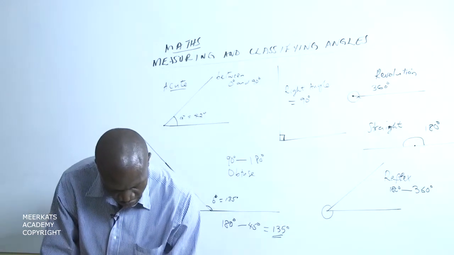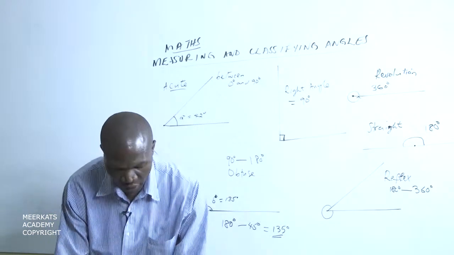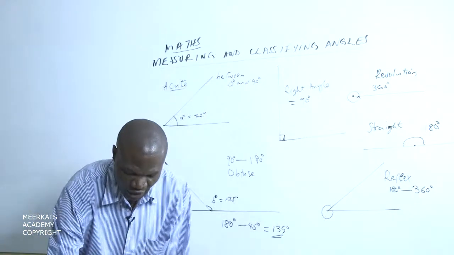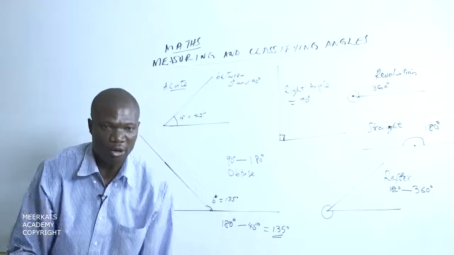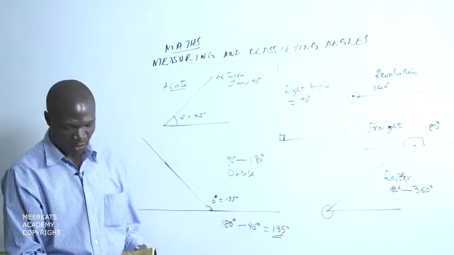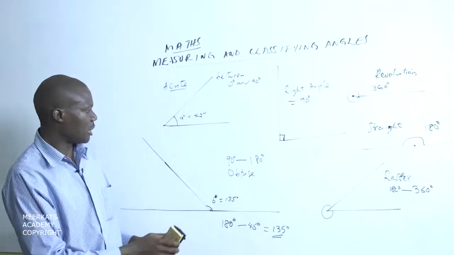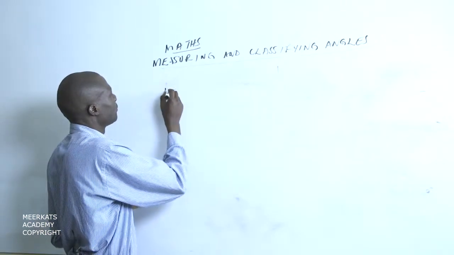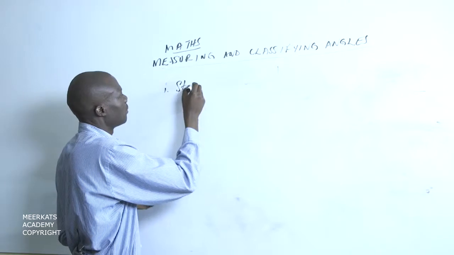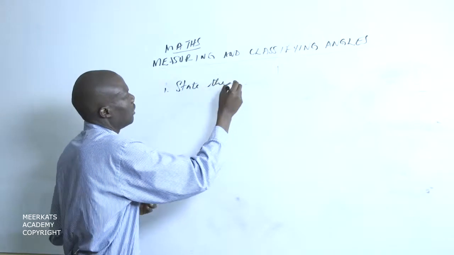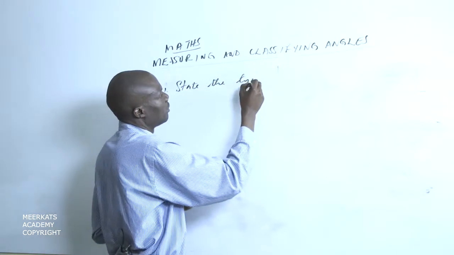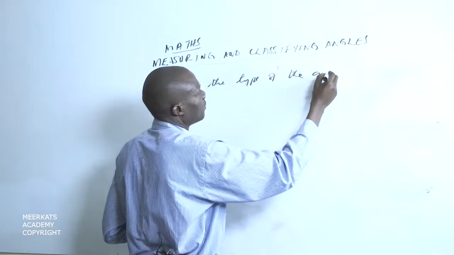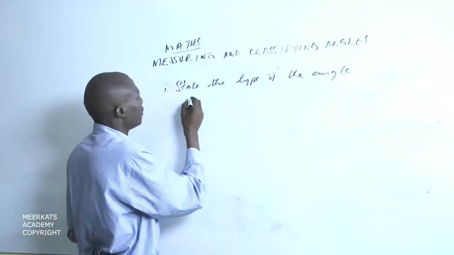So at this time, we want to identify and say what type of angles are the following images. State the type of the angle shown.